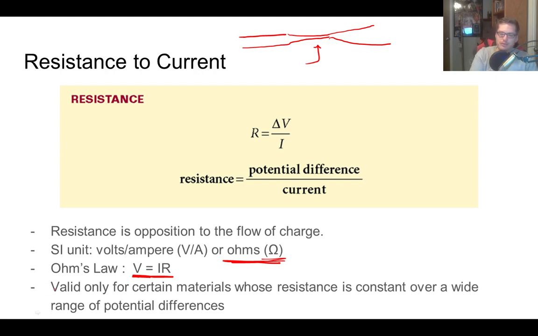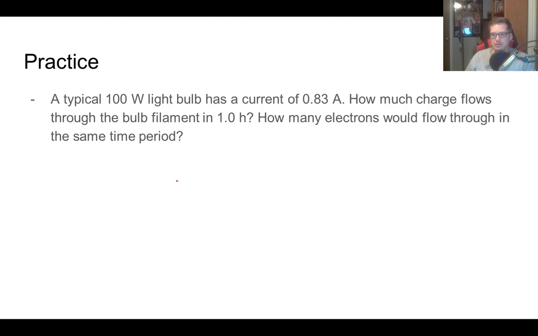Other things are pretty much stable; their resistance stays consistent. If it's what's called an ohmic material, then as you graph it, you end up with a straight line where the slope of that line is your resistance, voltage versus current. But anyway, let's do a practice problem using this formula.